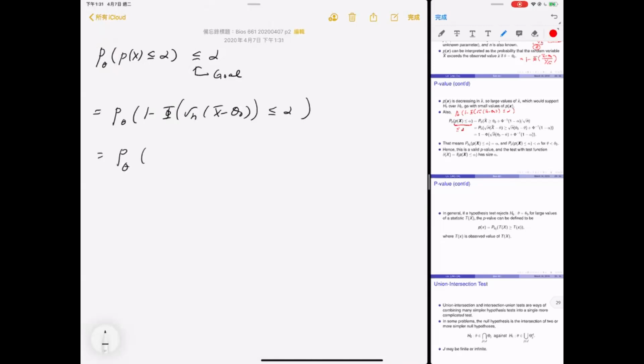Okay, so then choose theta. Then it's nothing but move around: root n, x bar minus theta 0. Moving around means that I move this guy to the right hand side, then alpha to the left hand side. But remember, this guy's bigger, bigger than 1 minus alpha. Okay, good.